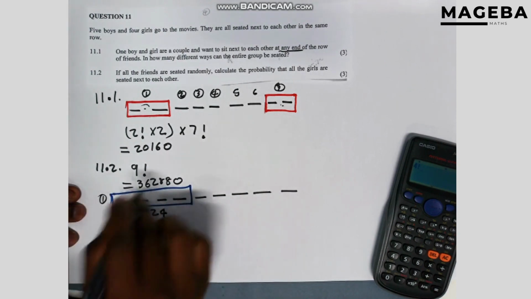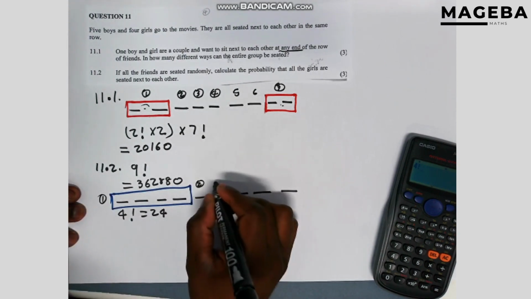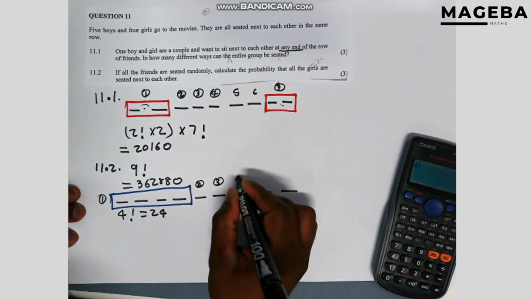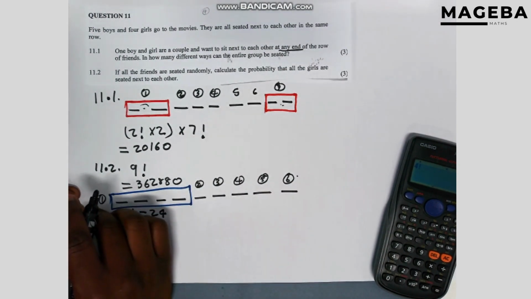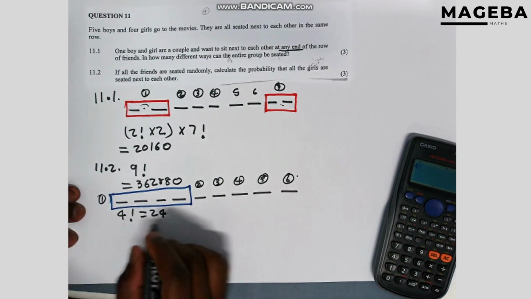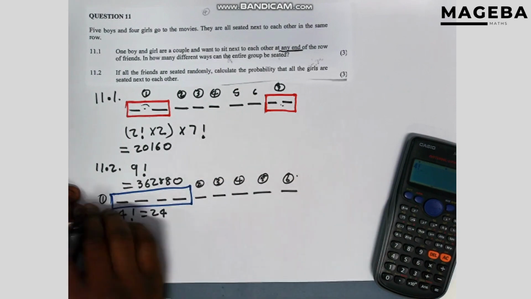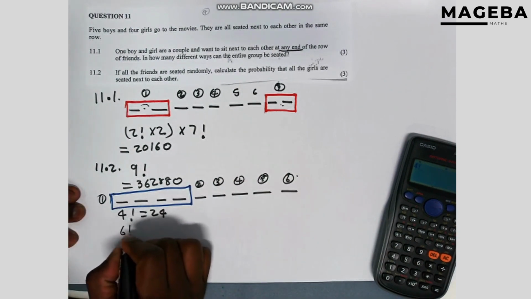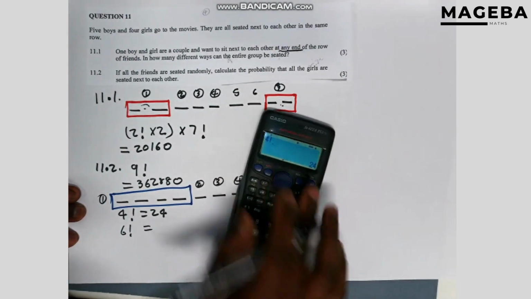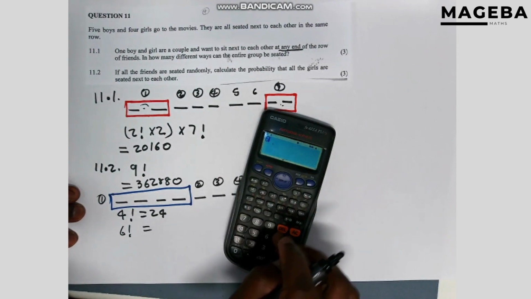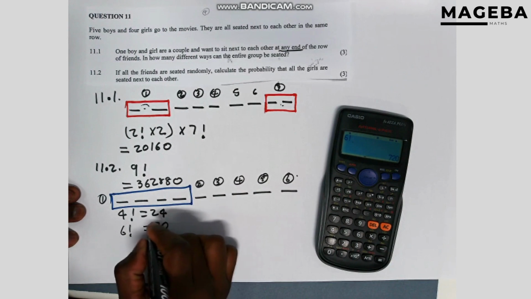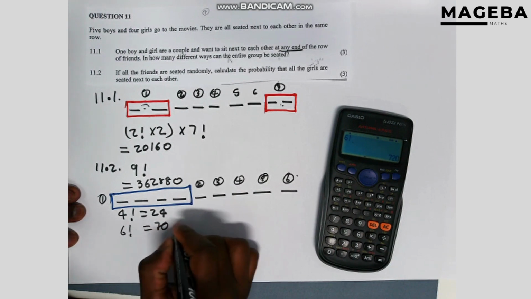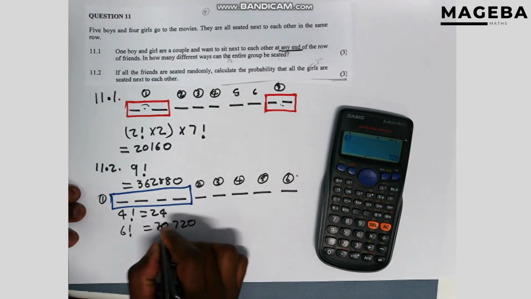So it's going to be 1 this box, 2, 3, 4, 5, and 6. Now finding the arrangement of all of them including the box, that's 6 factorial. What is 6 factorial? 720.